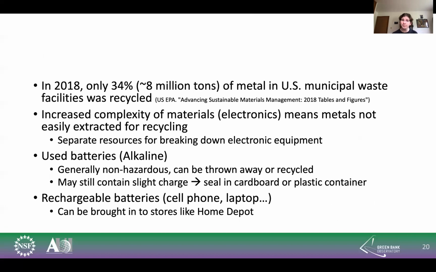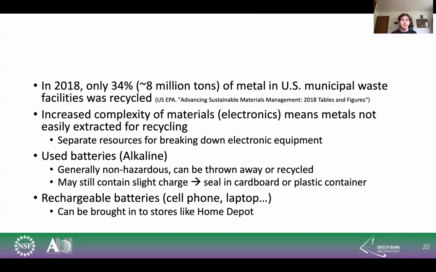However, as a whole, only, again, about a third of the metals in the US, so that's about 8 million tons, actually make it into recycling facilities. One of the big problems with that in recent years is the complexity of the materials that contain these metals, in particular electronics, which means that you need specialized methods for extraction.